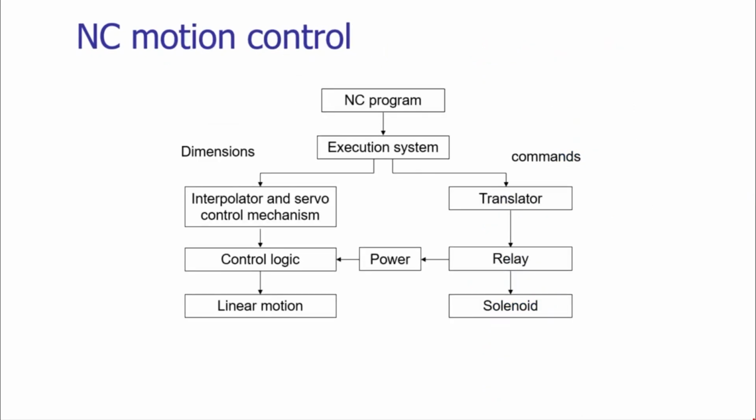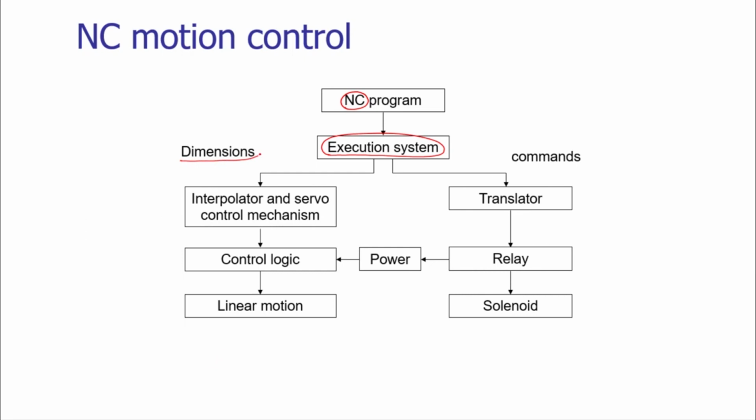Now let us see how the NC program is executed inside an NC based machine tool, how exactly we get the motion control by using numerical control. The NC program is transferred to the execution system, which basically extracts two pieces of information.